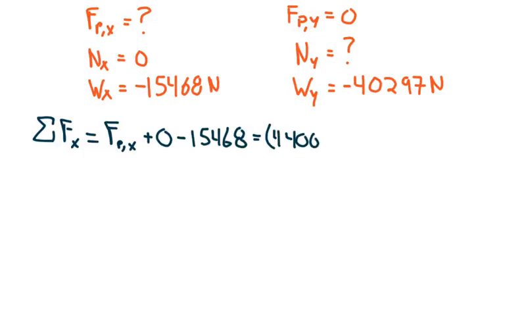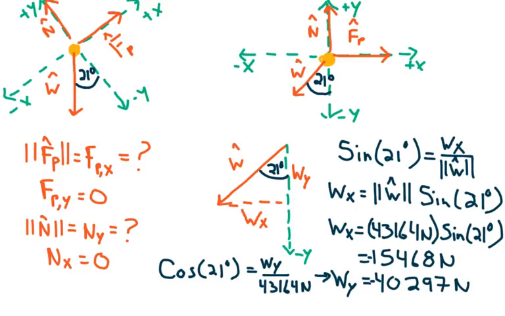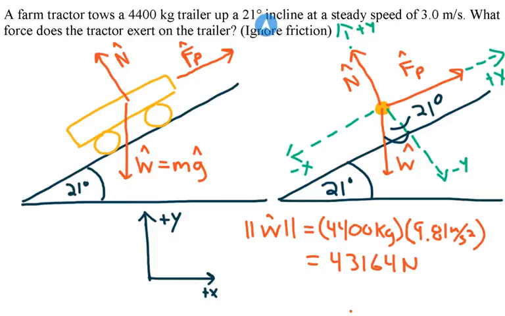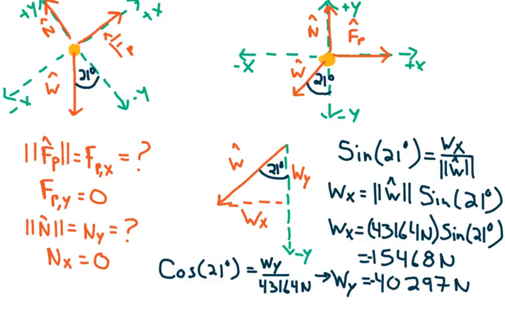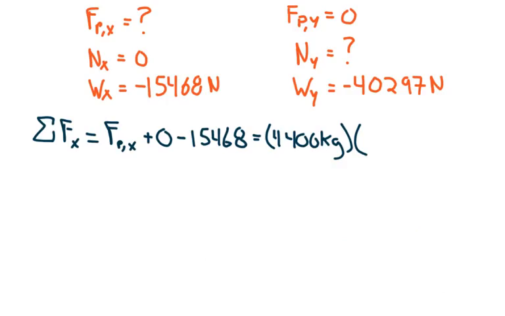Then the acceleration: going back to the problem, this is being pulled at a steady speed of 3.0 meters per second, so we can assume it's not accelerating at all, which makes the problem a lot easier. So our acceleration is just 0, which means everything on the right-hand side goes to 0, because 0 times 4,400 is just 0.